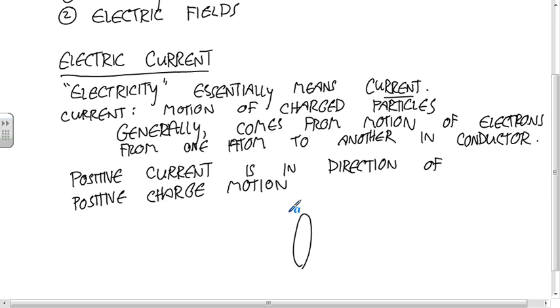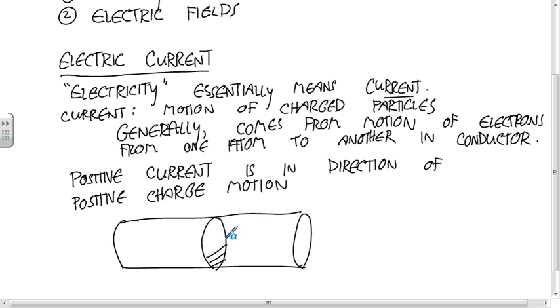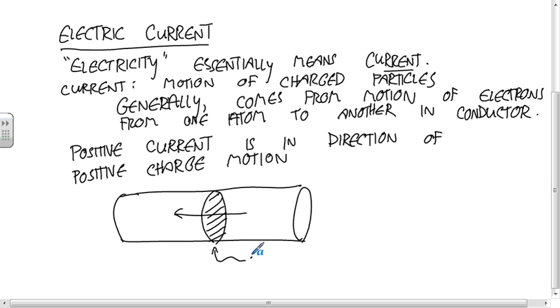If you have a piece of a conducting wire, then at some cross section, you're measuring the motion of positive charges across this chosen location in a conductor.